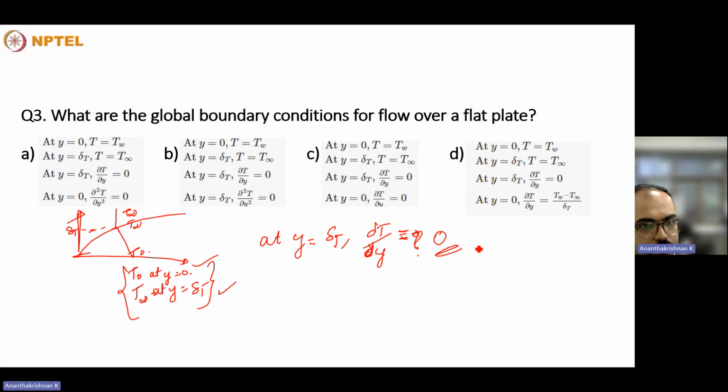So what will be the fourth boundary condition? The fourth boundary condition is slightly tricky. We have to determine it from the energy equation.